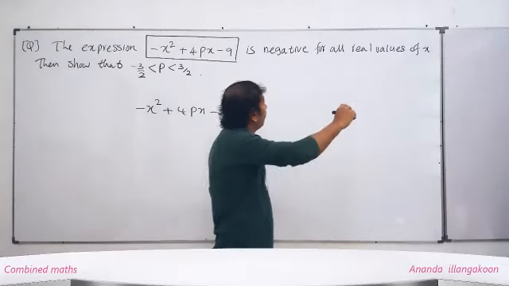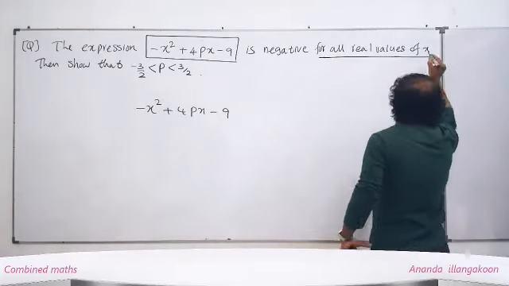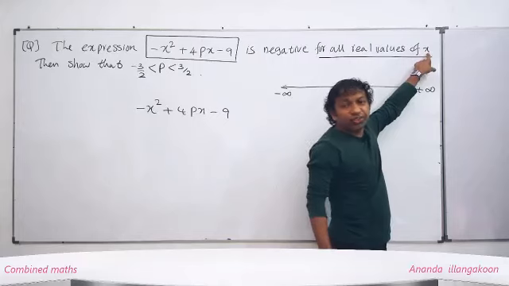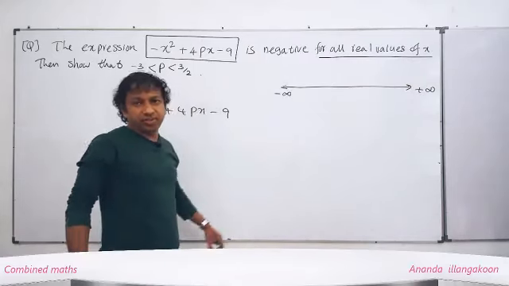People, what is the meaning of for all real values of x? The number line is this. This side it goes to plus infinity, this side it goes to negative infinity. On this number line, infinitely many real numbers are available. All those real numbers are this x. What is x? x means any real number lying on the number line.